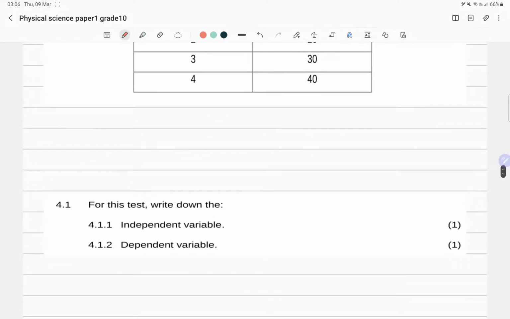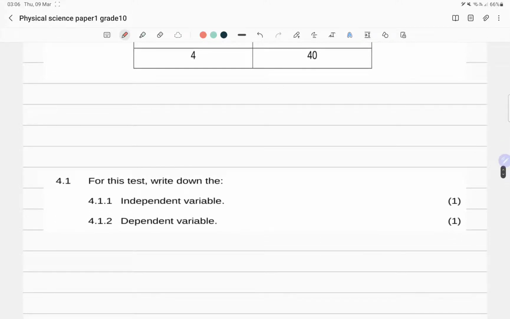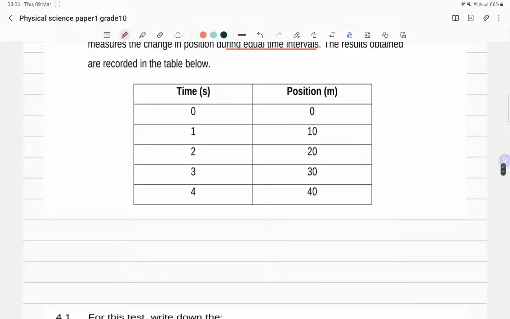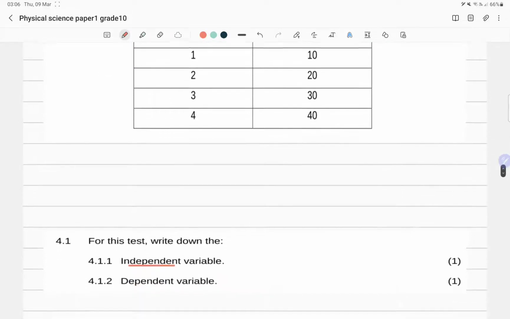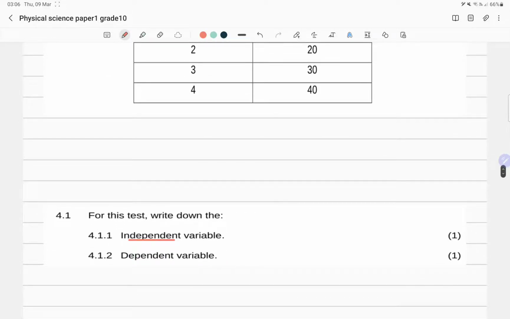Now we are told here, from this test, write down the independent variable. So we know that whenever we draw a graph where there is time involved, time is on the x-axis. So if we're drawing something like this, we know that time in seconds will always be on the x-axis.